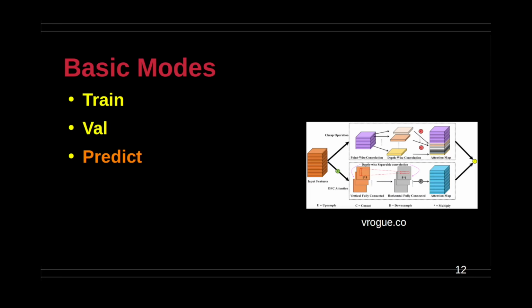Val mode, a post-training checkpoint to validate model performance. Predict mode, unleash the predictive power of your model on real-world data. Export mode, make your model deployment ready in various formats.